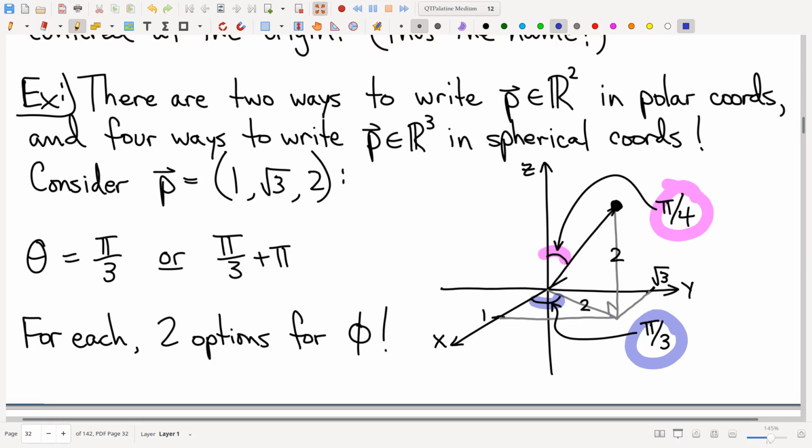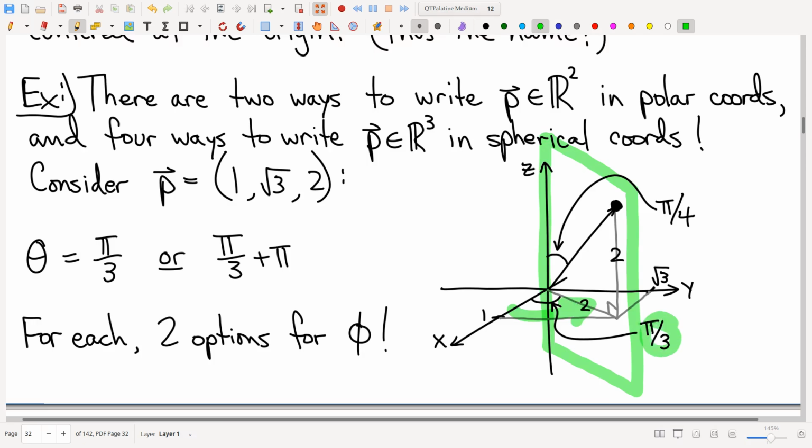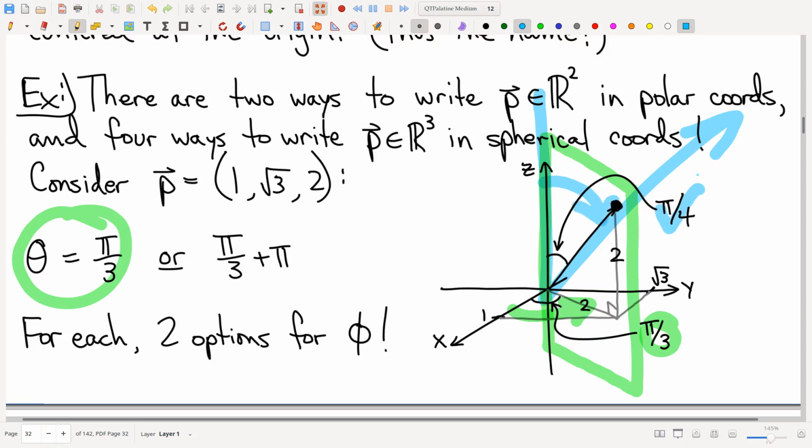And the easy choice of spherical coordinates is to think of theta as being pi over 3, and then to think of phi as being pi over 4. That's kind of the friendly, easy, convenient, satisfying answer. But keep in mind, there's a couple different ways to do this.